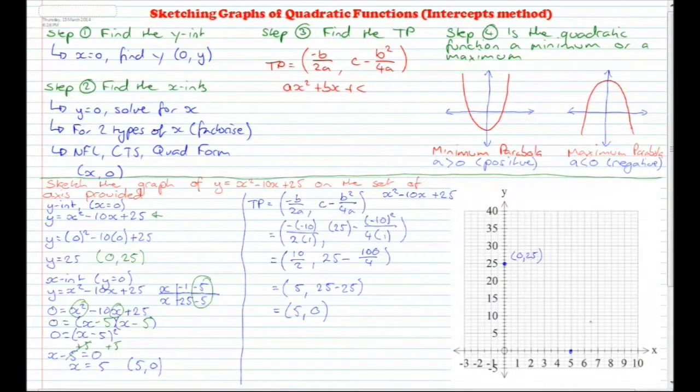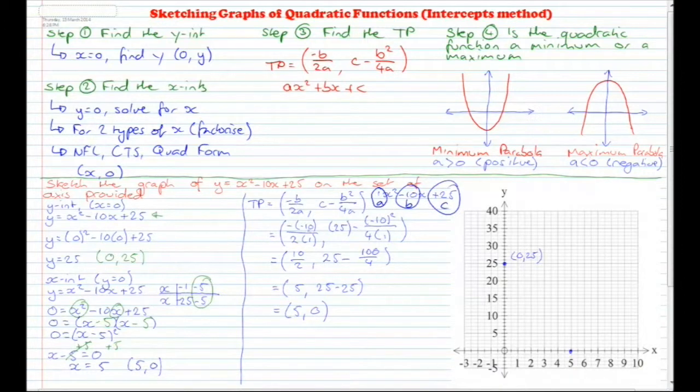So we actually know the turning point already, but let's just prove it using the turning point formula. Here is the turning point formula: negative b on 2a, comma, c minus b squared on 4a. Substituting in, we've got our a value being 1, our b value being negative 10, and our c value being positive 25.